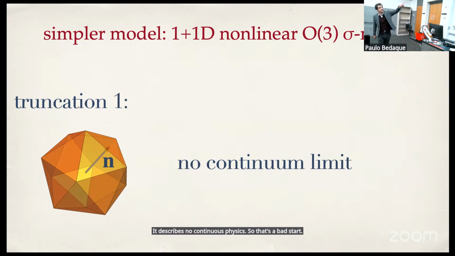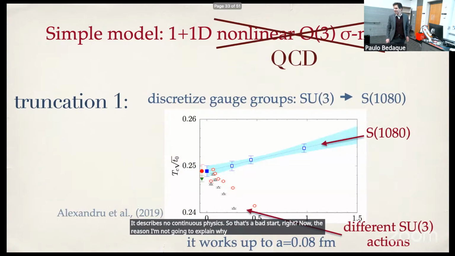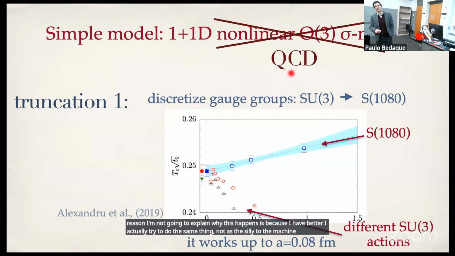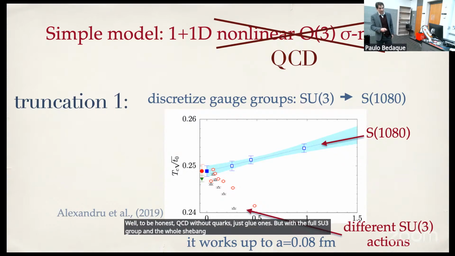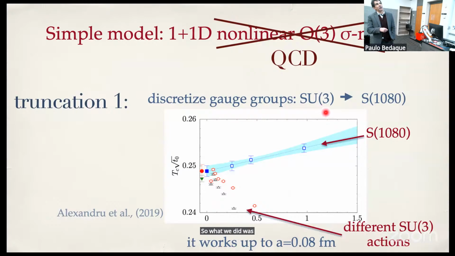Now, the reason I'm not going to explain why this happens is because I have something better. I actually tried to do the same thing, not with this silly two-dimensional model, but with actual QCD. Or to be honest, QCD without quarks, just gluons. But with the full SU3 group and the whole shebang, okay? This is a big calculation. This is not a toy model, okay? This is supercomputers here. So what we did was this. People do calculations with SU3. I've been doing this for 50 years.